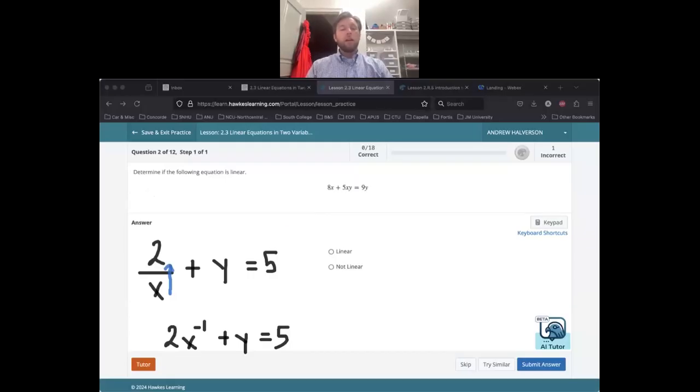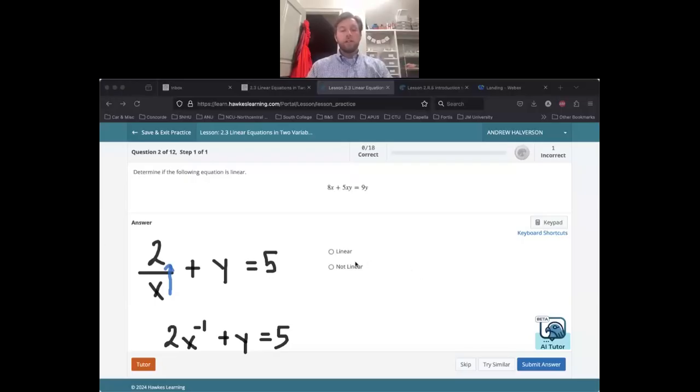Because if you're in the denominator, that means your exponent is actually a negative. So the exponents have to be 1, you can't multiply the x and the y, and they cannot be in the denominator. Those are the 3 conditions. If those 3 check out, then it would be linear.